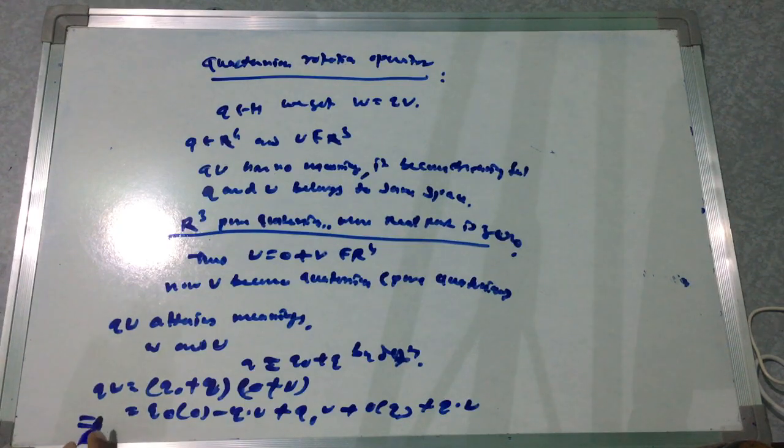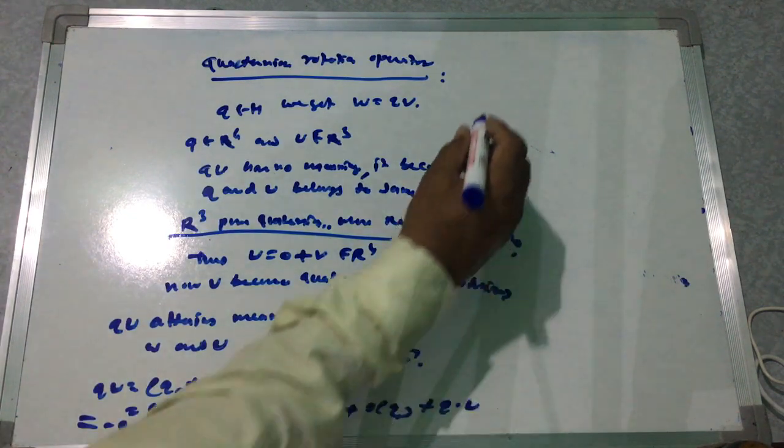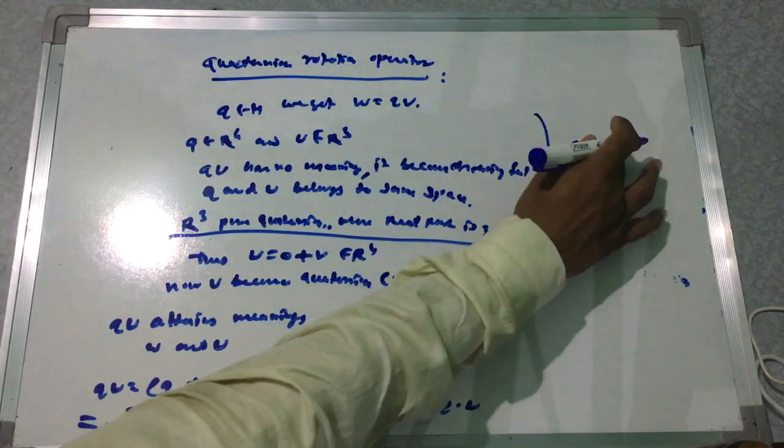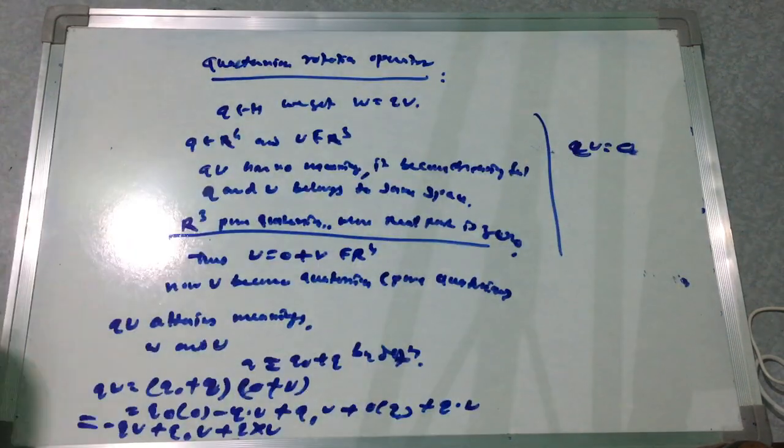So this is equal to minus q dot v plus q0 v plus q cross v. On the right side, the presence of the real part minus q dot v makes it belong to R to the power 4. So it can be a pure quaternion or a vector in R cube only if q dot v is equal to 0.